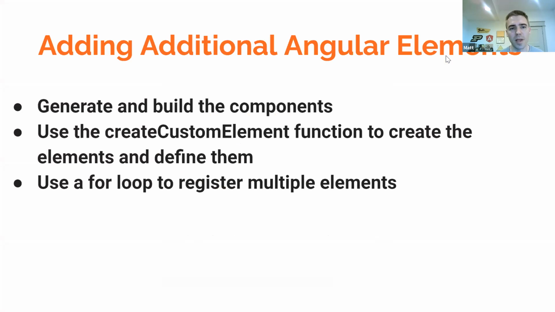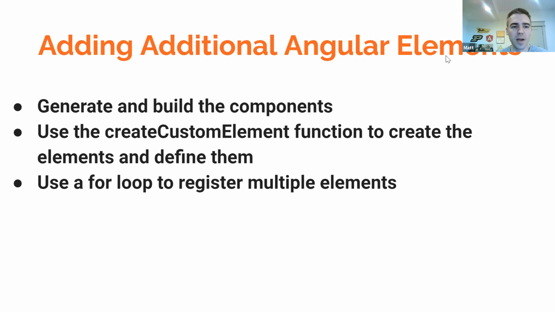And then I'll go over quickly how to use multiple Angular elements. So really it's no different. I'll kind of go over this quickly, but you're just going to generate and build however many components you want to do as you normally would. And then those same 2 lines of code we did in the app component, the app module, you're just going to do that again, however many times you need to.